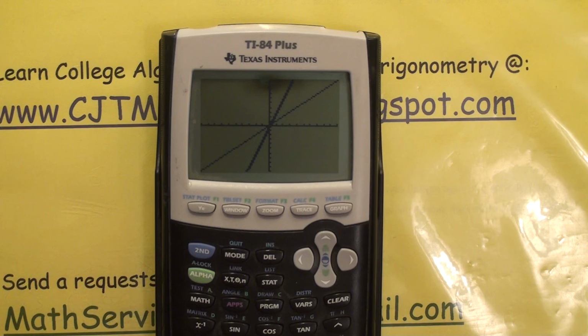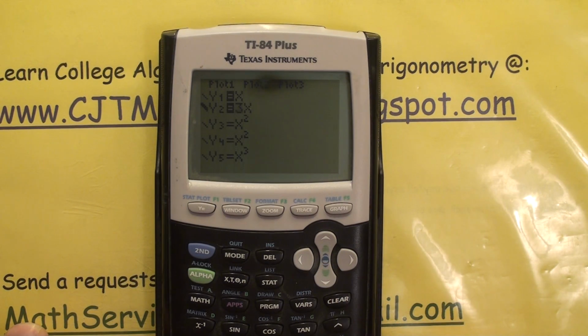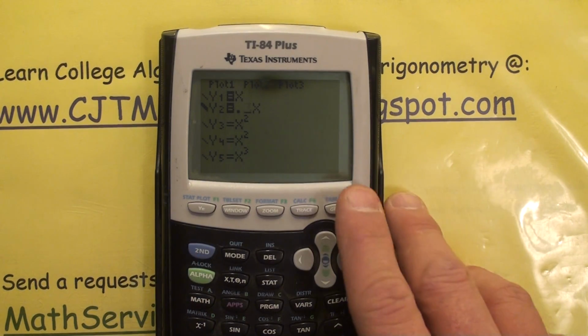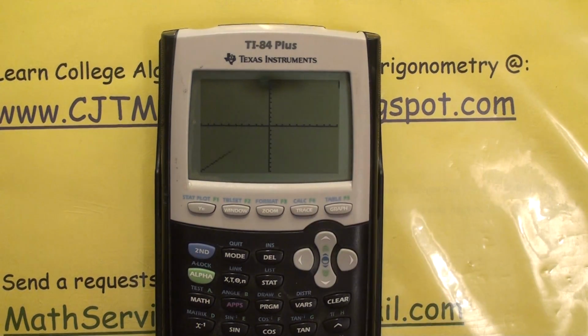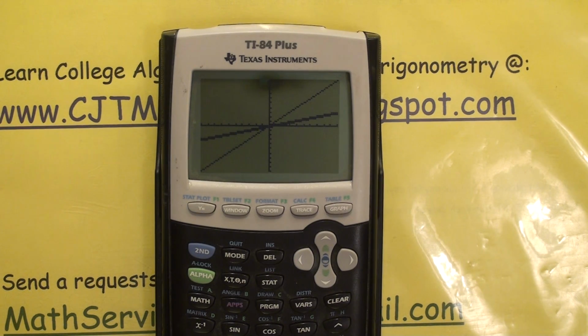Then, of course, what if the number in front of x was 0.3, so it was less than 1. There's your mother graph. Now look at this. Now the graph is less steep because the slope was a smaller amount. It was smaller than 1.